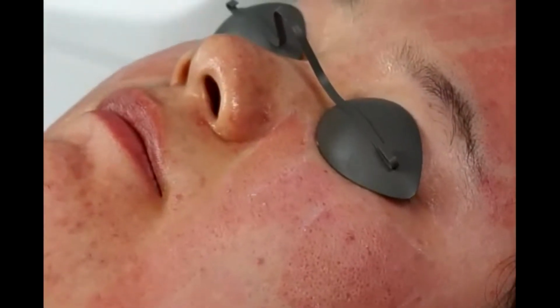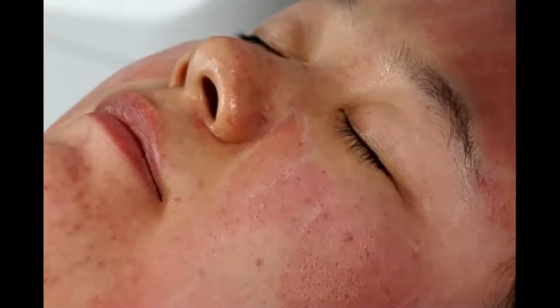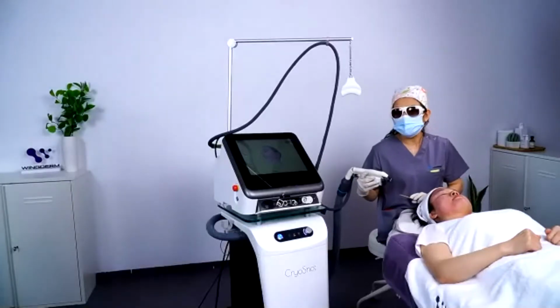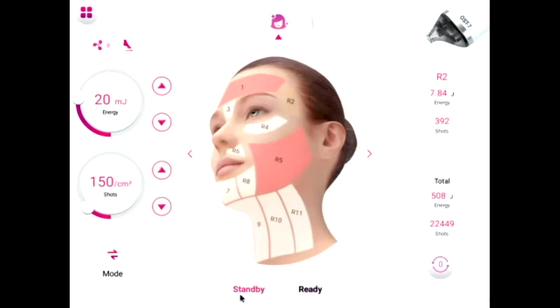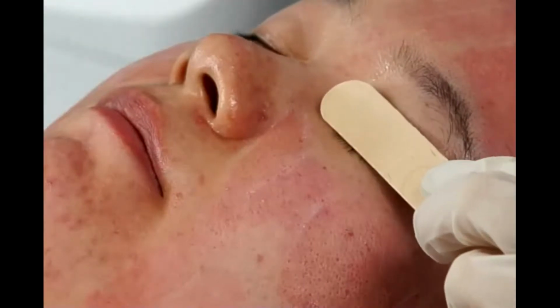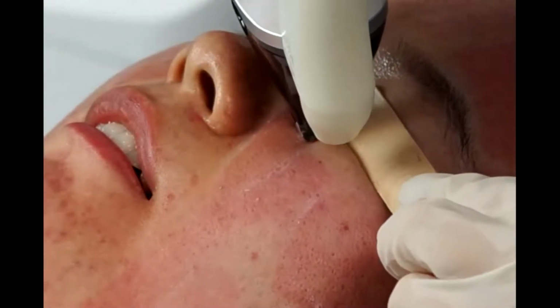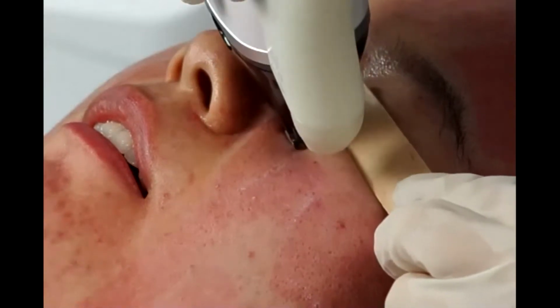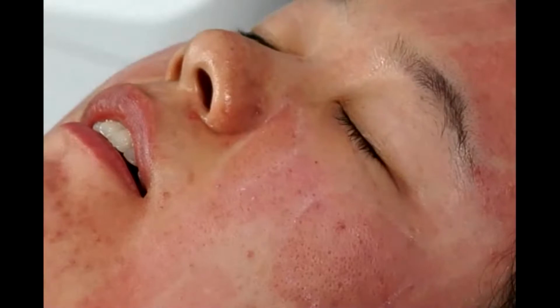When treating the eye area, we need to pay attention: since the eyeliner needs to be removed, we use a tongue depressor to shield the eyes. Now we'll do the other part around the eyes. Choose L4 for the eye area, and we'll use a stick to cover her eyes. Another side.